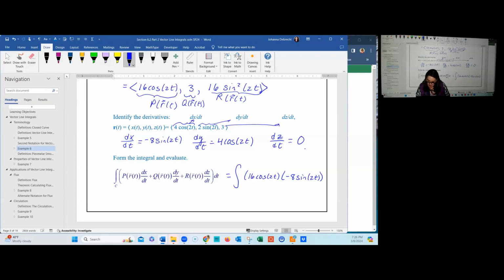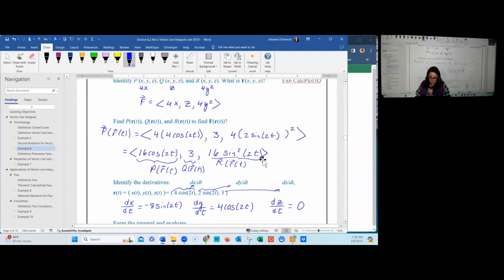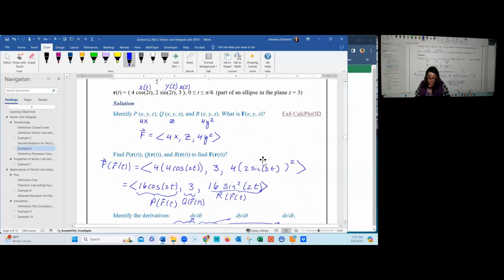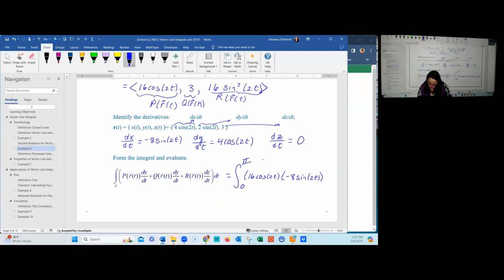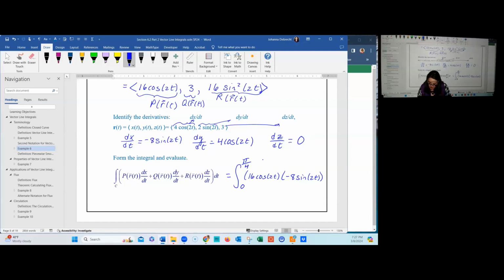This is our P of r of t and our dx dt. We're going to integrate this one from t equal to 0 to t equal pi over 4. That gives us the first term, but we have 2 more to go.